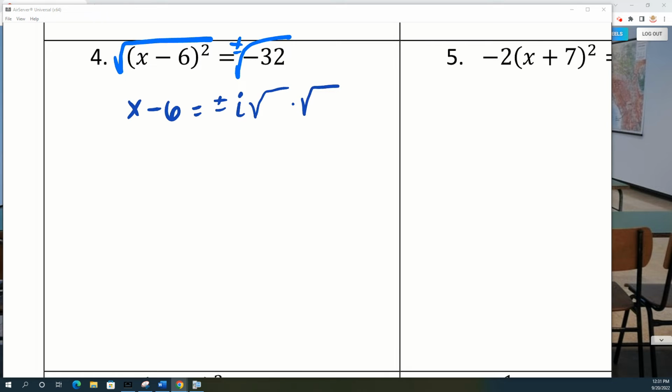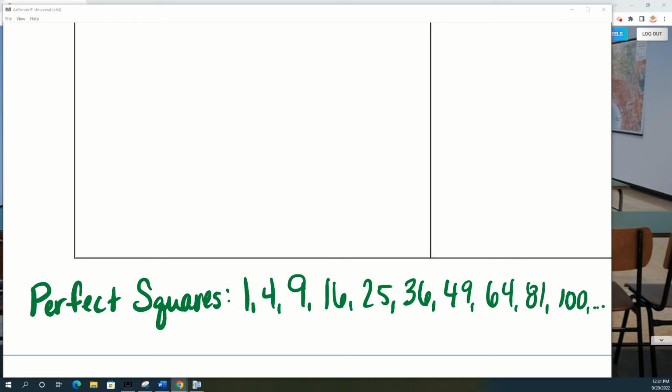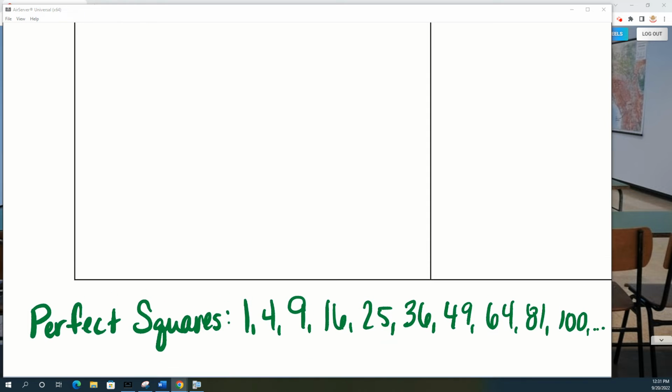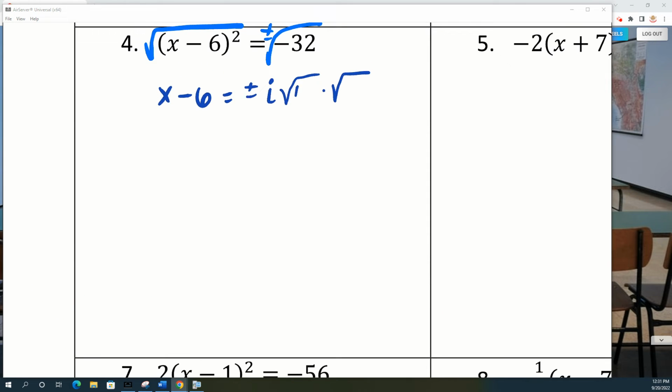And then 32 does have some squares that divide evenly into it, but we want to find the largest. So what do you guys think the largest square is that divides evenly into 32? Yes. So 32 is 16 times 2.